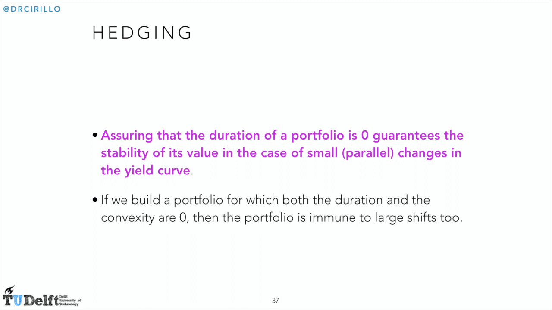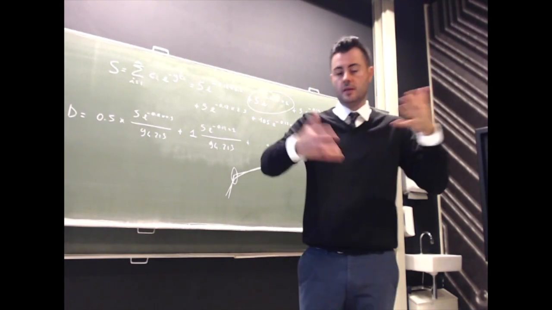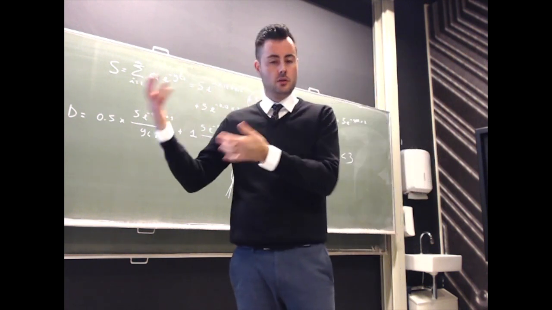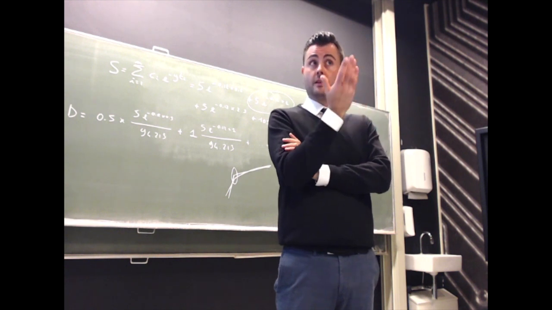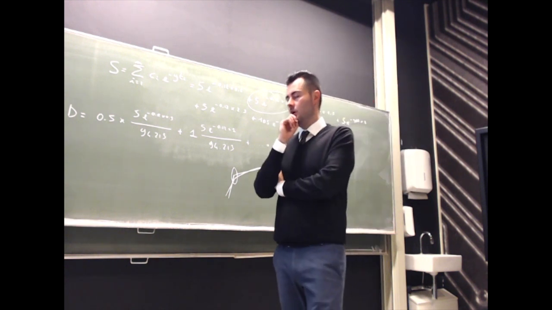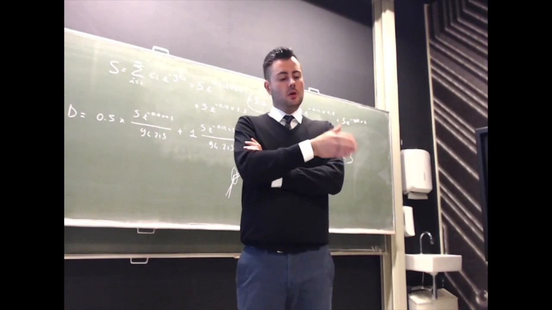And if I build a portfolio that also has a convexity equal to 0, it means that I will have a portfolio that is somehow immune over a short time horizon, because then there is dynamic hedging. So I will have to do that over and over again. It's not like the hedge and forget property of delta.